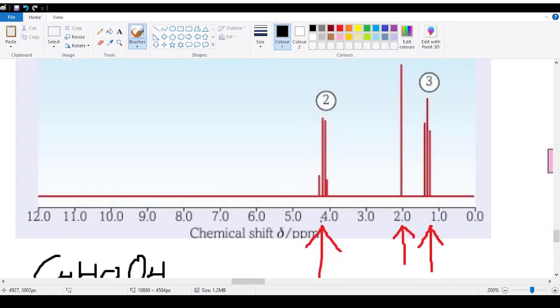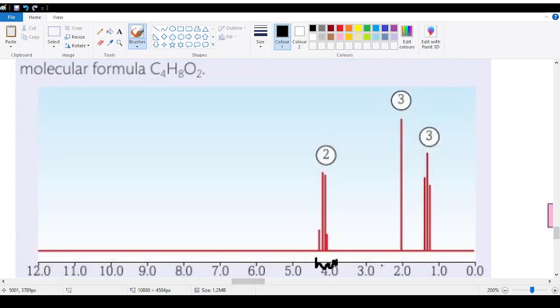What type of pattern is this? Singlet, doublet, triplet, quartet? What can you notice from this one? Just focus on this one for now. What do you see? I see a quartet.